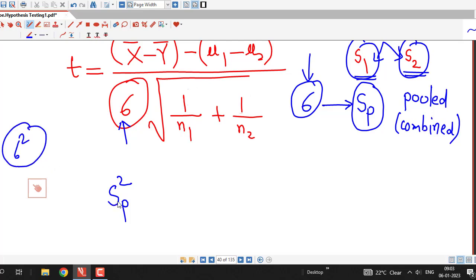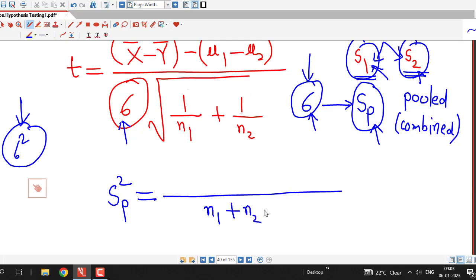So this SP square is the estimator of population variance, or this SP is the estimator of population standard deviation. And you have to consider this formula for the pooled estimator. We are using S1 and S2, and sample sizes are n1 and n2. So in the denominator we will consider n1 plus n2 minus 2.